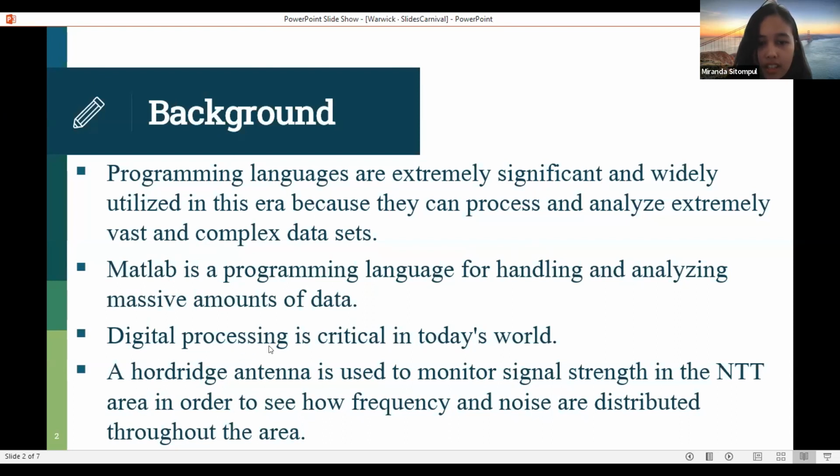Digital processing is critical in today's world. And in this project, I use a Hornridge antenna to measure the signal in the area in order to see how frequency and noise are distributed throughout the area.